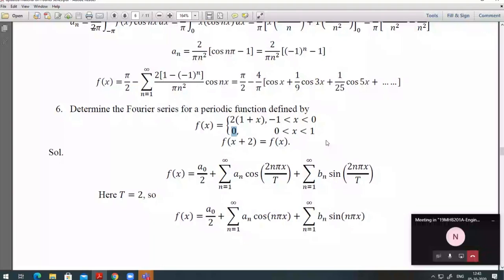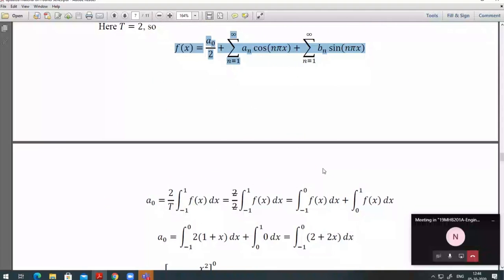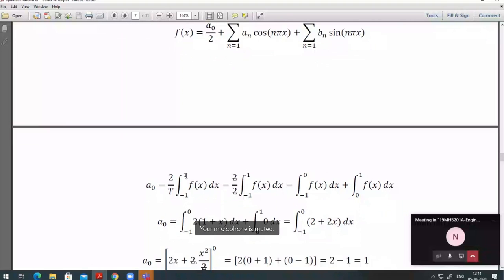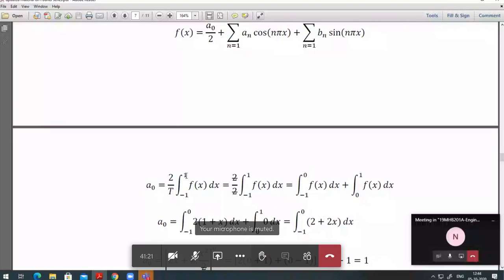So a0 is defined as 2 by t integration from c to c plus t. Here c is the lower limit, that is minus 1. So that is 2 by t, integral from minus 1 to plus 1 of f of x dx. Since the period is 2, 2 by 2 get cancelled, so the limit is from minus 1 to 1 of f of x dx.